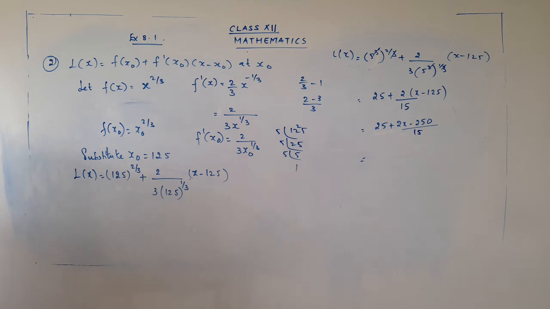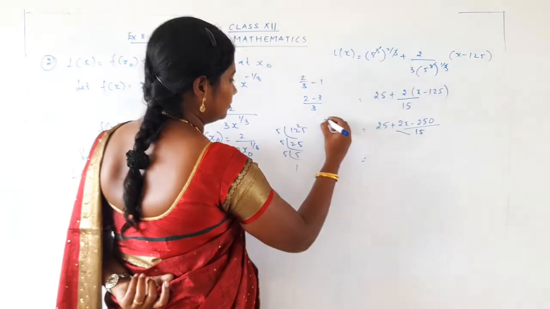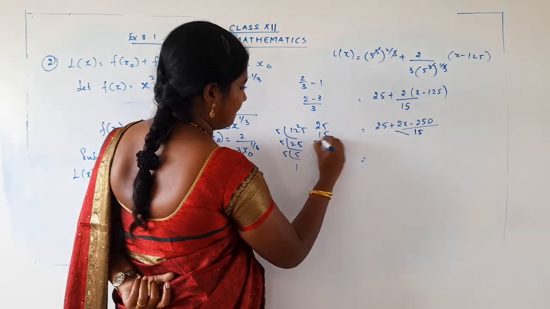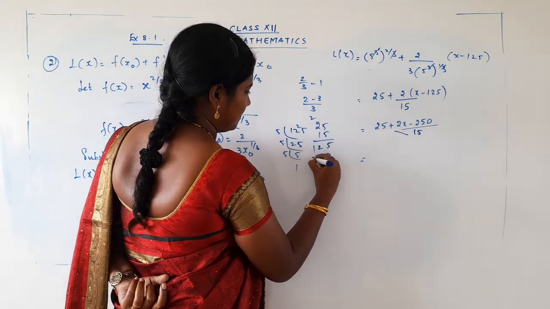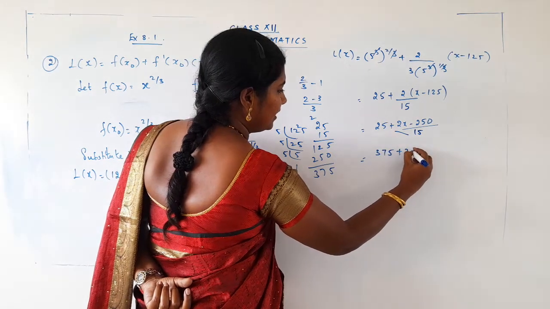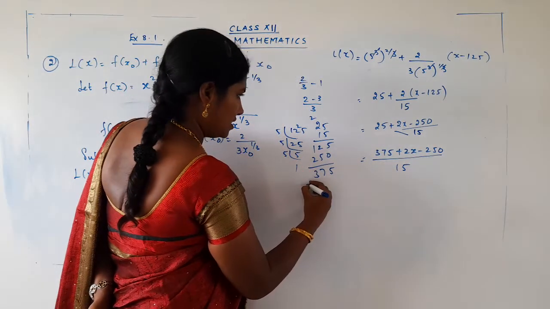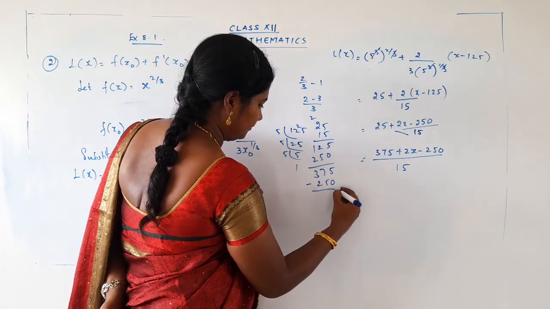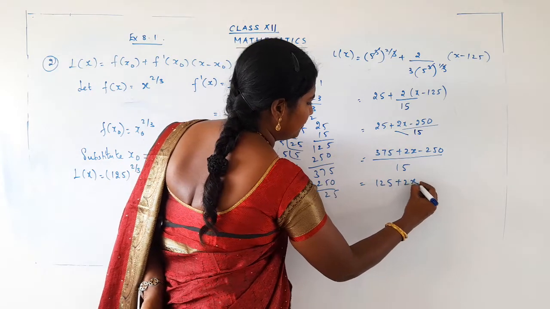Now we are going to expand this and see what we get when you multiply these two. 375 plus 2x minus 250 upon 15, which gives 125 plus 2x upon 15.